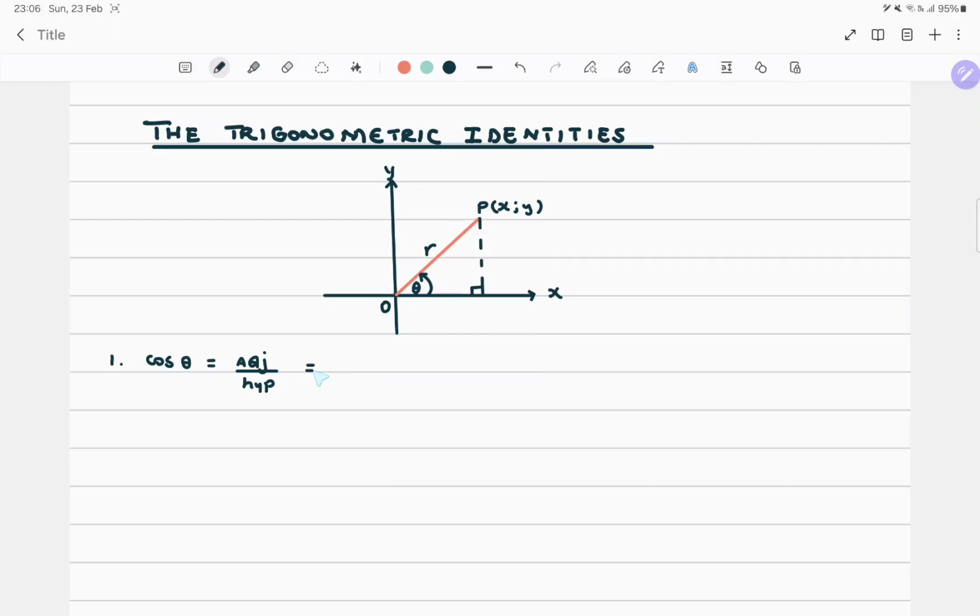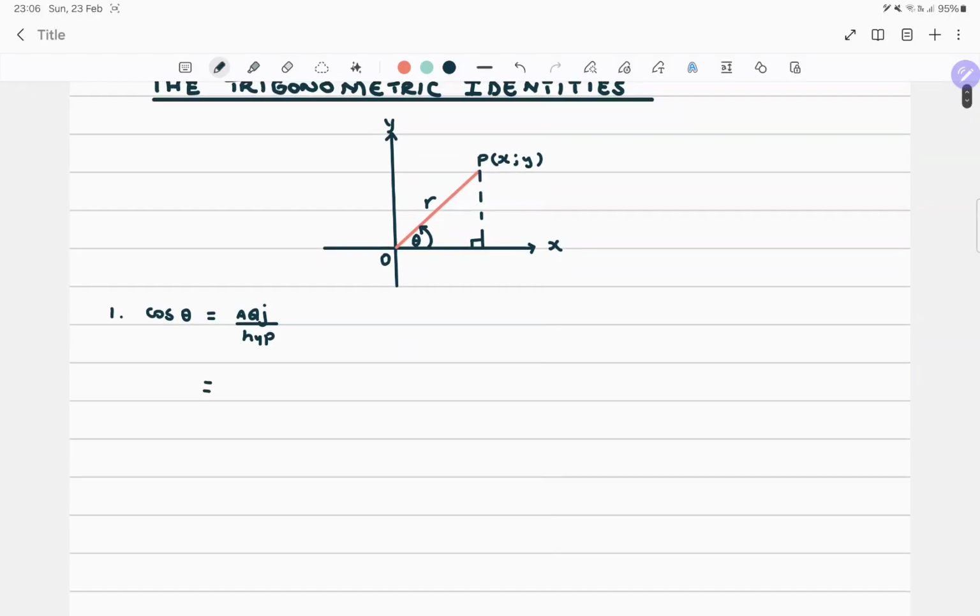So this is equal to, adjacent is the x at P. So this is x over r, which is OP. That is essentially the cos of theta. So that's number one.